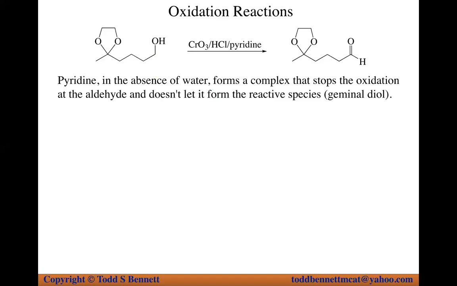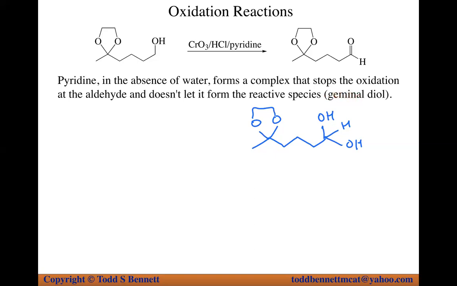So pyridine in the absence of water forms a complex that stops the oxidation at the aldehyde, doesn't let it form the reactive species. So what this means is, a geminal diol, if this species can turn into this, kind of like an enol can change forms from a ketone or an aldehyde, we can also turn it into what's known as a diol.